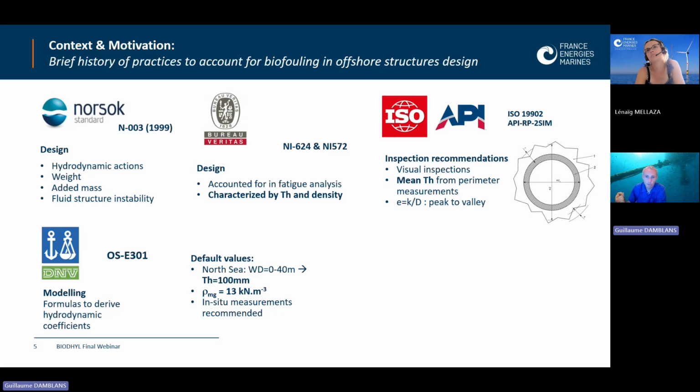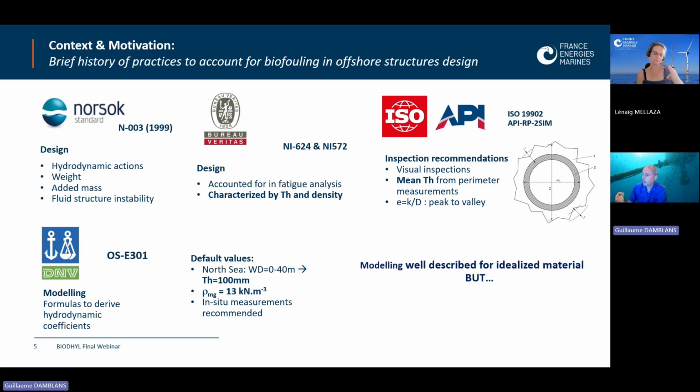So I think that all of you know these recommended values, the famous maximum thickness of 100 millimeters and a constant biofouling density. But this is typical of the North Sea, and it's quite difficult to use it everywhere in the world.